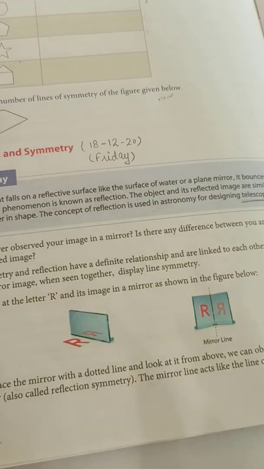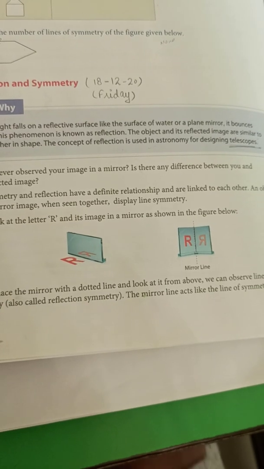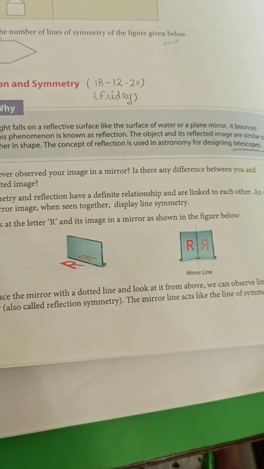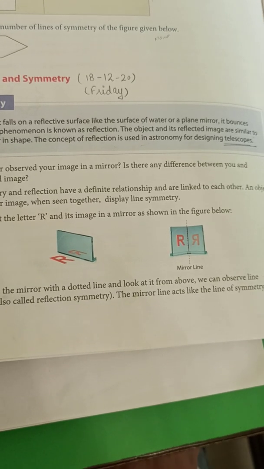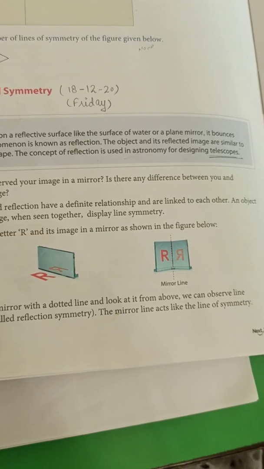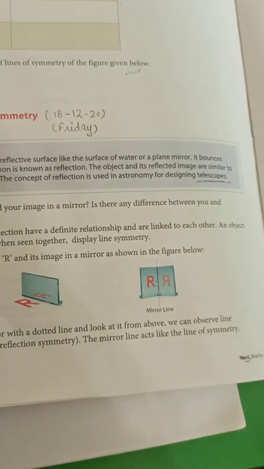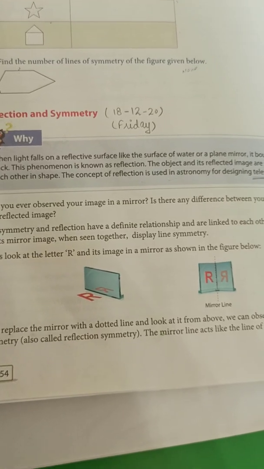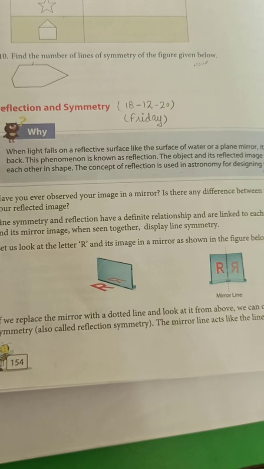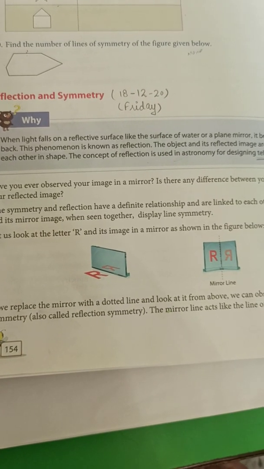I hope everyone knows what a telescope is, right? So, the concept of reflection is used in astronomy for designing telescopes. After that, in reflection, the main point which is very useful to you is when you are standing in front of the mirror and see yourself in the mirror.